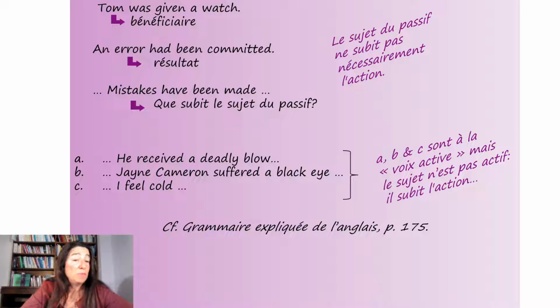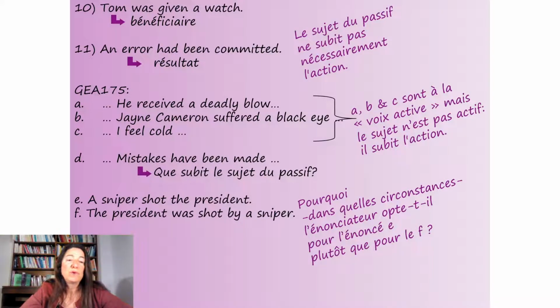Okay, so these remarks are to be found page 175 of the Grammaire expliquée de l'anglais de Jean-Pierre Gabilan, and they help us get a clearer, more global picture of what the passive voice is. And also, we take a step back from the traditional views.